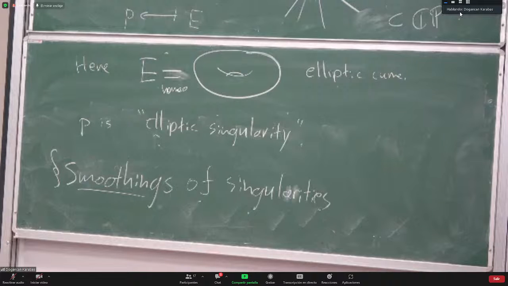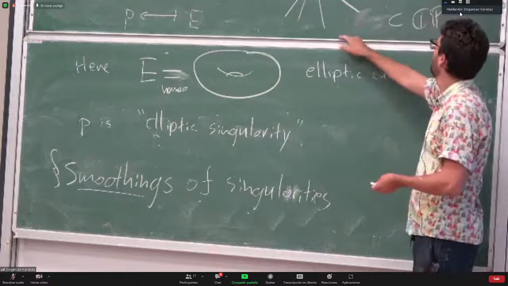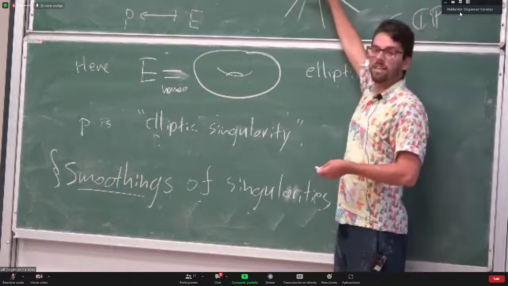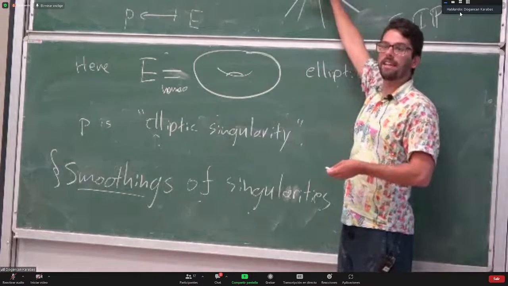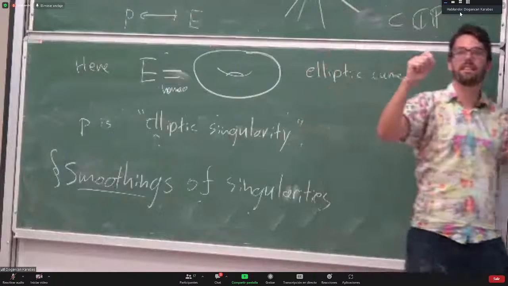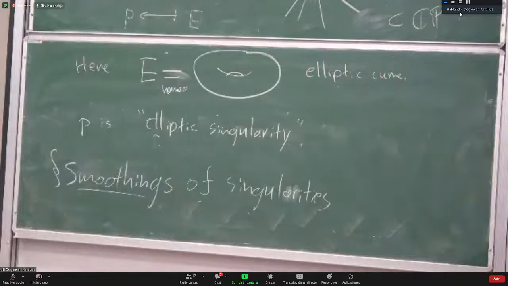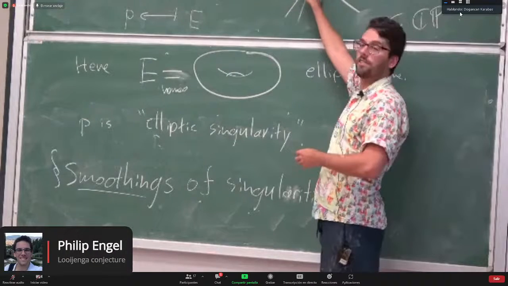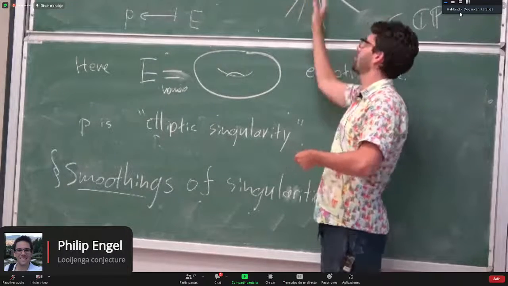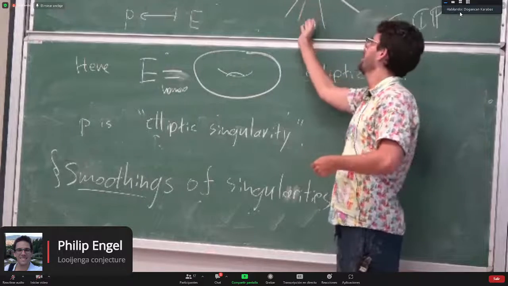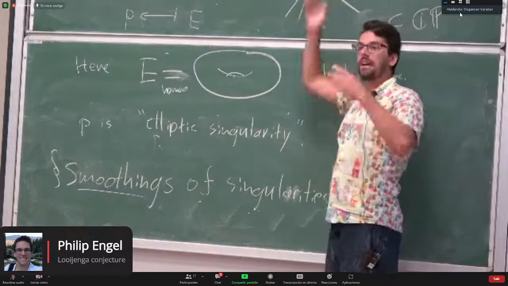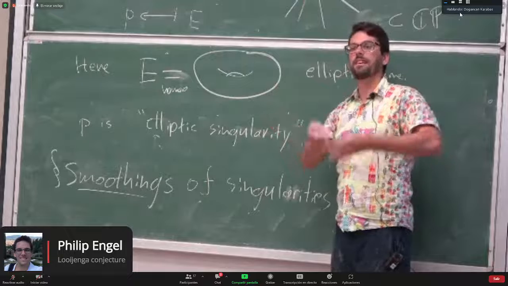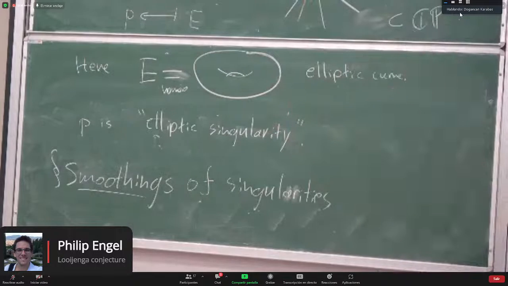An alternative, maybe more satisfactory explanation is that I could take the ambient C3 that contains this thing and blow up that point. That would replace it with a CP2. Inside of that, I said it was an isomorphism away from this point. So I have this hypersurface, but it's missing this point, and then I would take its closure inside the blowup. So that would be another way to construct the blowup.